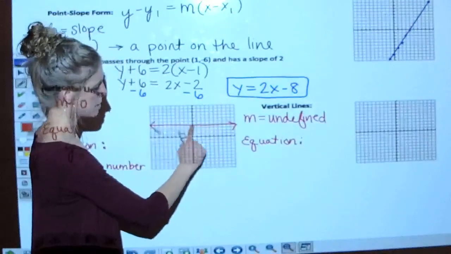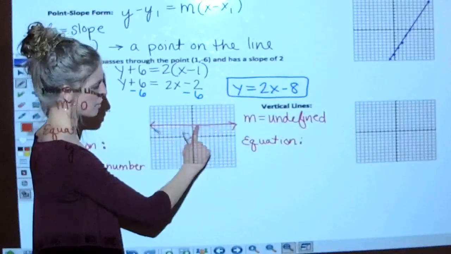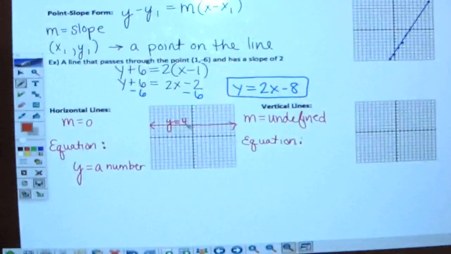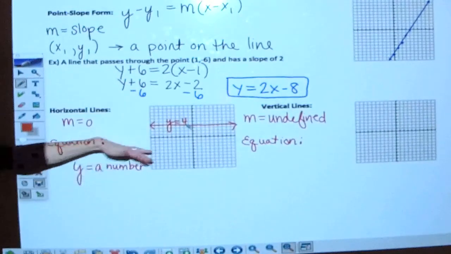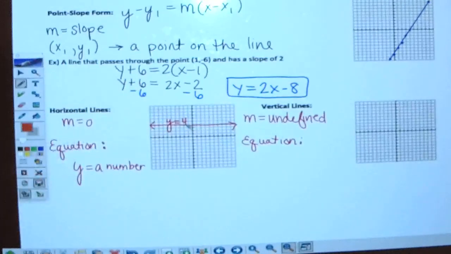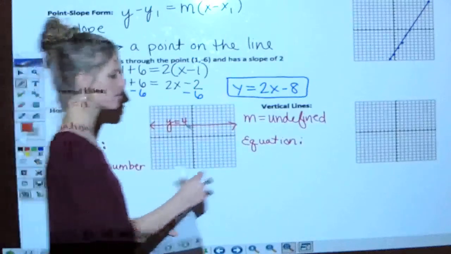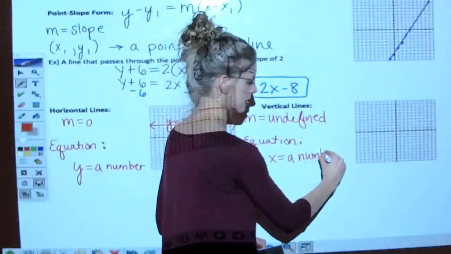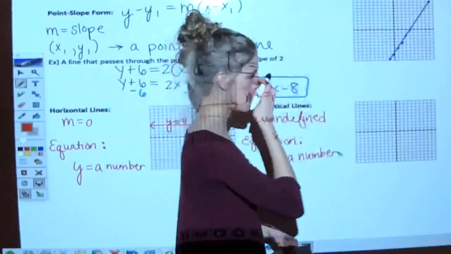Every single one of the points on the line has a y value of 4, so it's y equals 4. You can draw that anywhere, just make sure you change the number based off of where it's located. So the equations don't have an x and a y in them, they only have an x or only a y. A vertical line is x equals a number based off of wherever it's located.